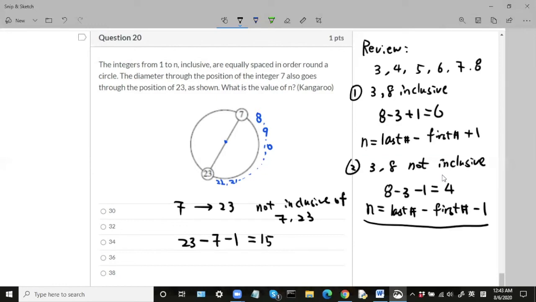So we have 15 numbers between 7 and 23, not including 7 and 23. Because this is a semicircle, it should be symmetric to the other semicircle, so they should have an equal amount of integers. So we have 15 here and 15 here, then add 7 and 23, two numbers. So in total we have 15 plus 15 plus 2, which is 32. Which is B.